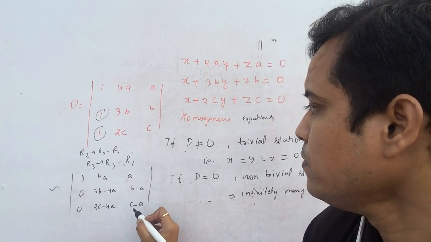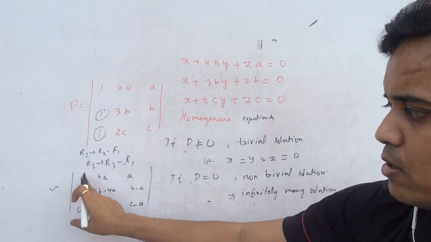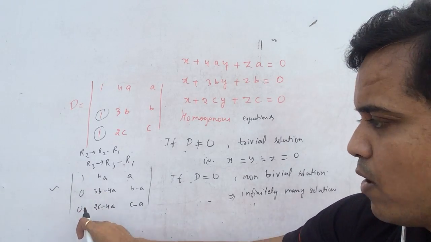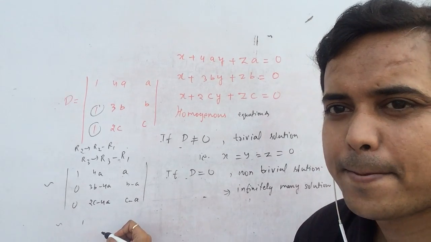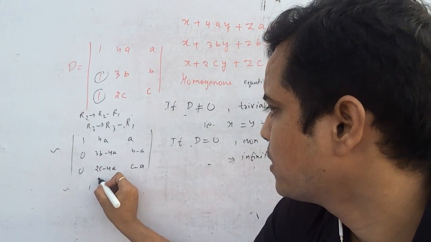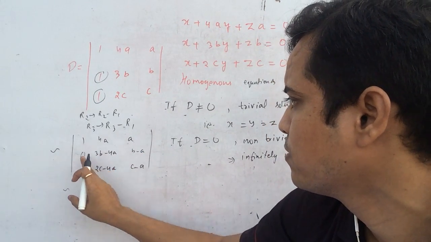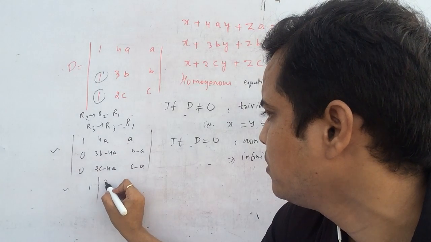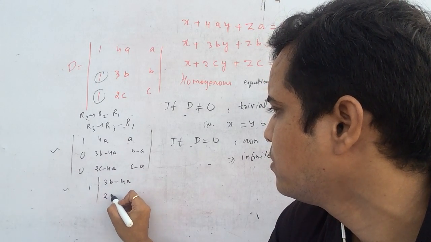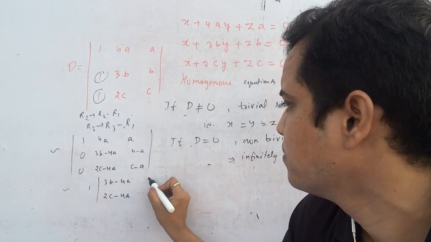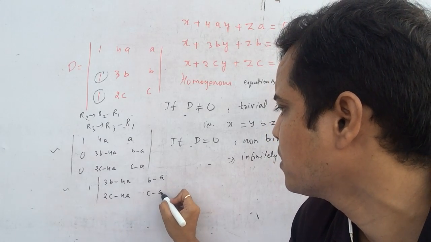Okay, expand along column 1. What would you get? You would get here 1, remove this row and this column, so 3b minus 4a, 2c minus 4a, b minus a, and c minus a.